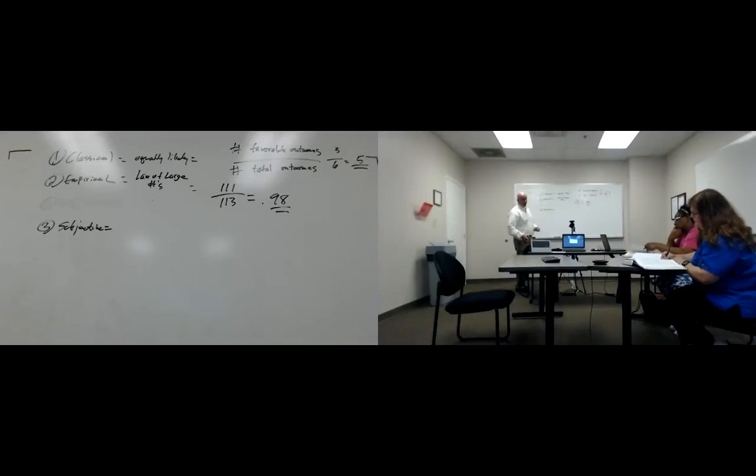So remember, we have some human error here. We would find this when there is little or no data available to calculate probability using one of these two numbers, so we're going to have to arrive at it subjectively.